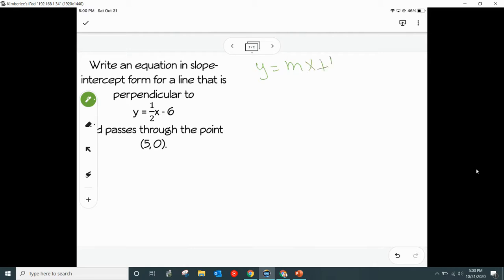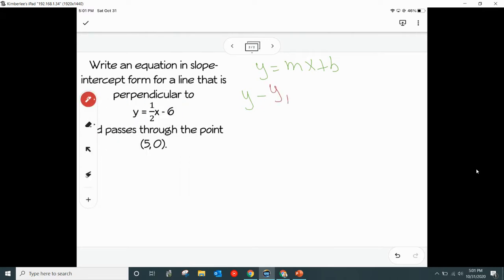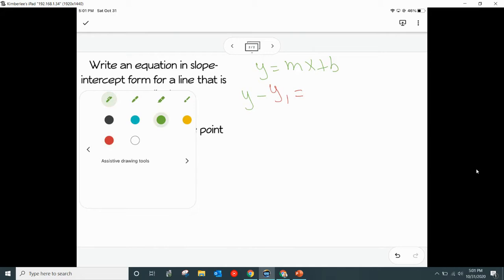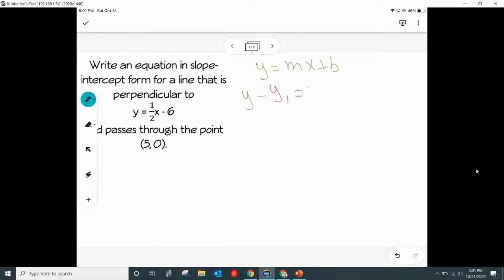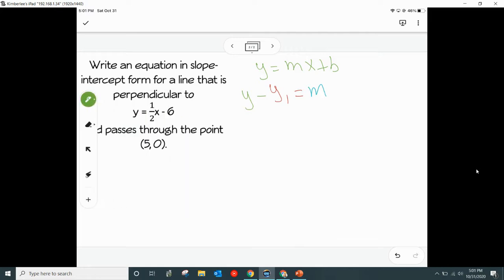But we are going to use the formula y subtract y1 is equal to m times x subtract x1. This equal sign is part of the formula.